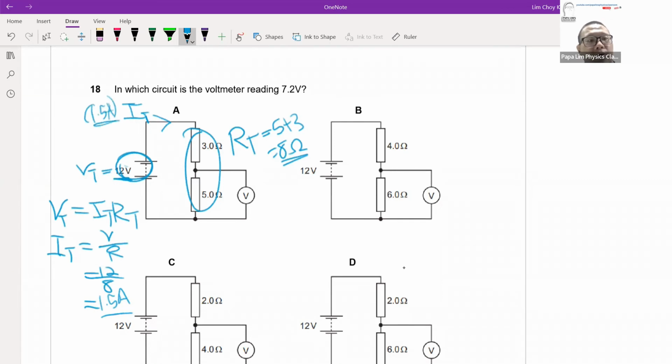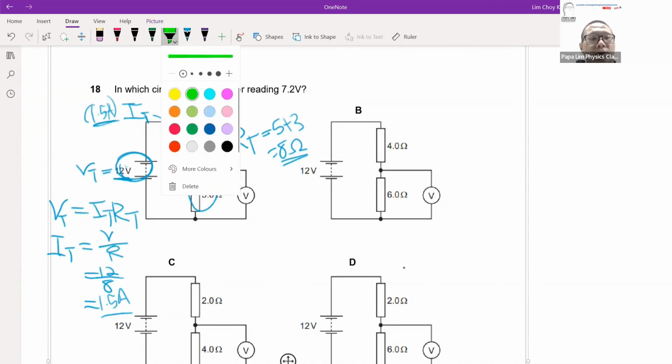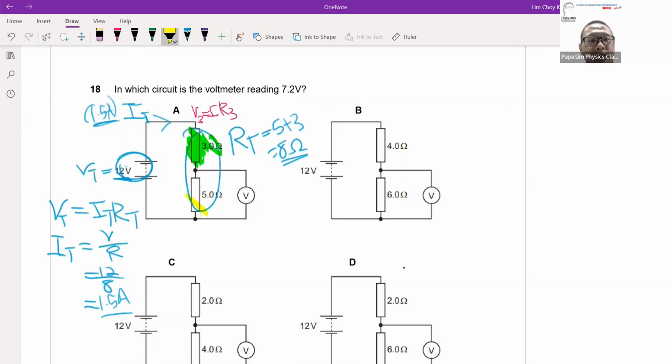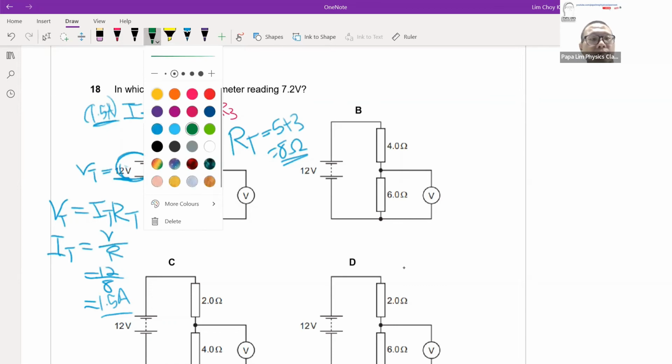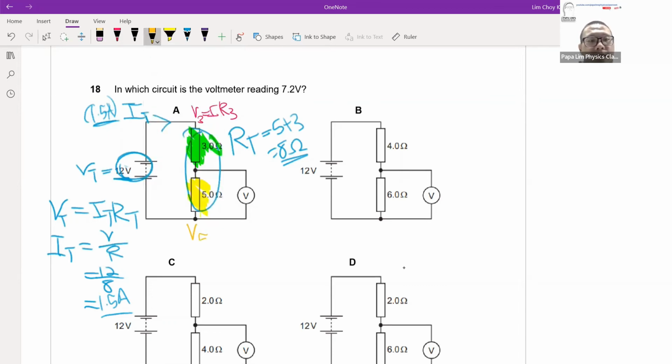So if I have a current flowing of 1.5 amp, I can use Ohm's law again on the 3 ohm, using V equal to IR. So V3 is equal to current times R3. If I want to look at the potential difference of the voltmeter at the 5 ohm, I'll use Ohm's law again: V5 equal to I times the resistance of 5 ohm.